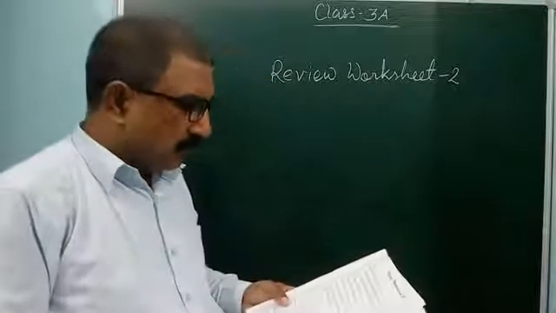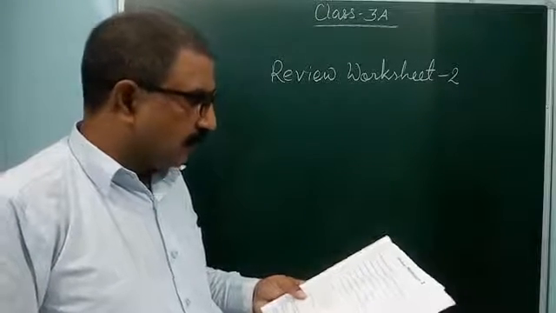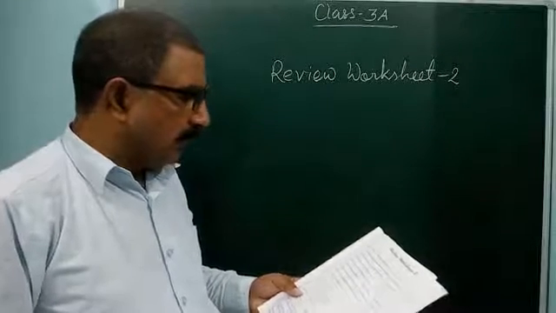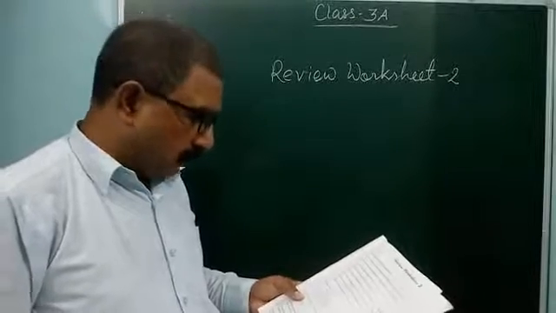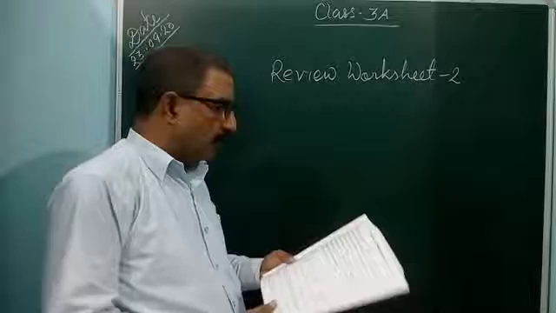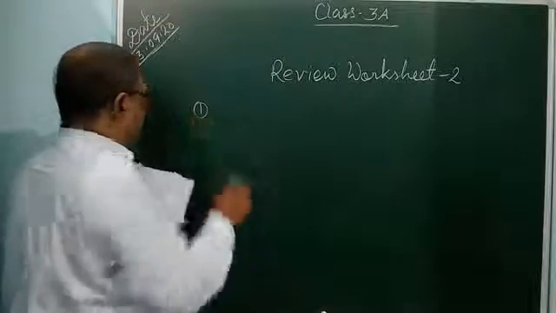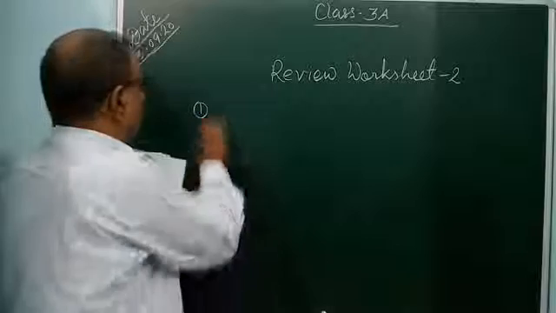As you can see, questions are very easy, but I fill in the blanks. I know you can do, but I want to explain to give some ideas. First, fill in the blanks like that.